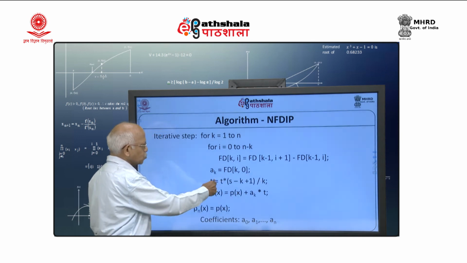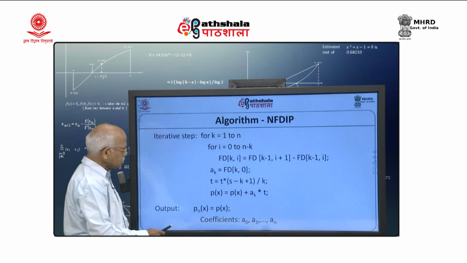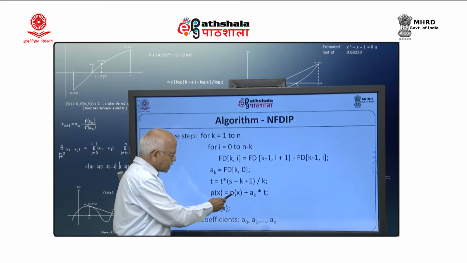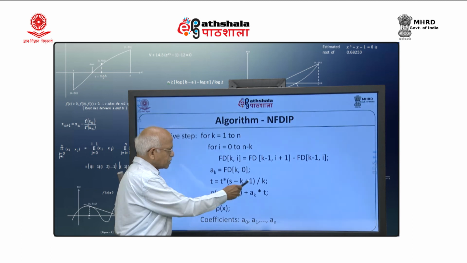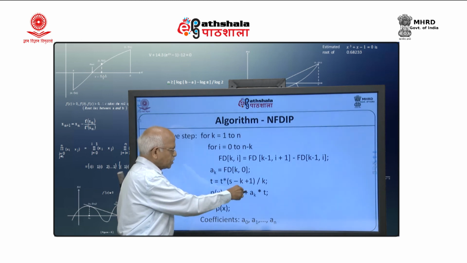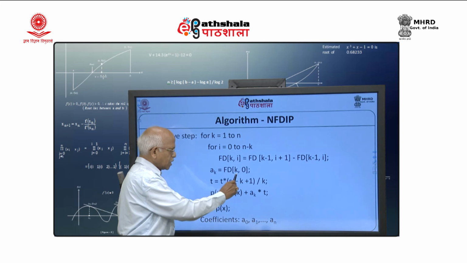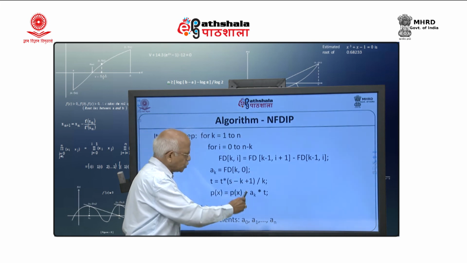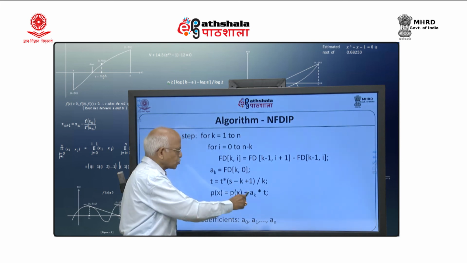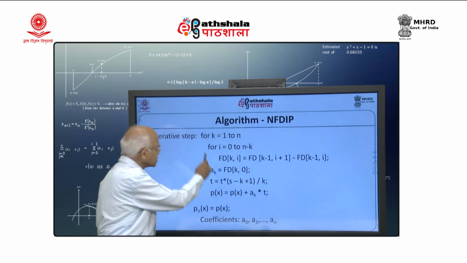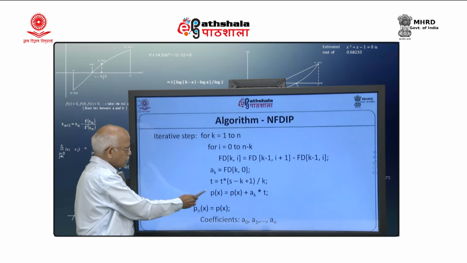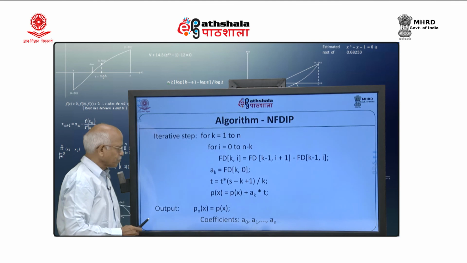That is how I will go on getting these iterative terms and then you add this term to p x. The initial p x was a 0. Then I will be getting a 0 plus a 1 into s plus a 2 into s into s minus 1 by 2 factorial and like that you go on adding these terms and this is what I will be getting as your value of p x.